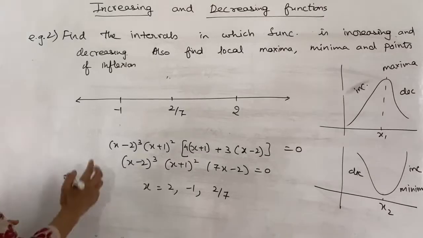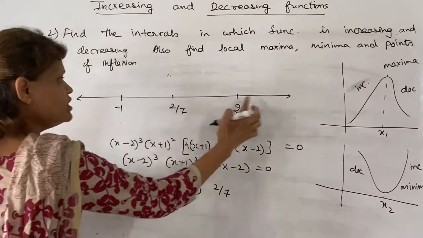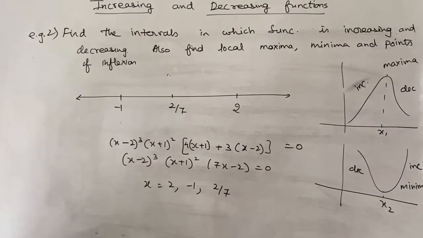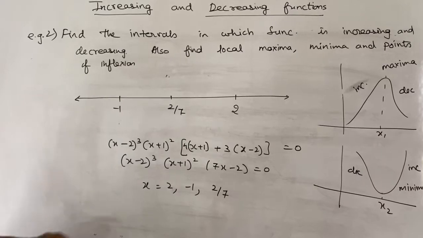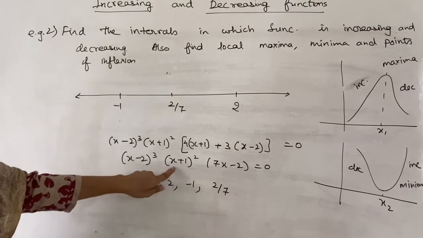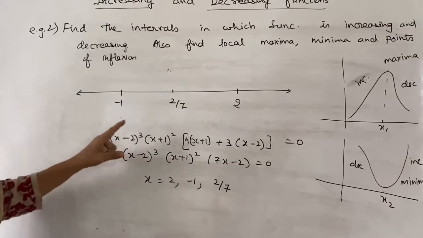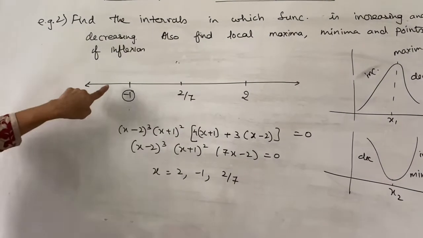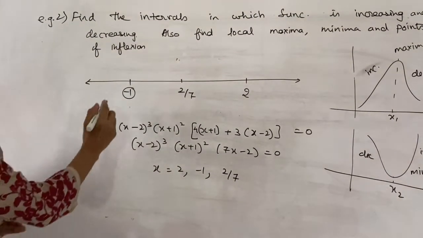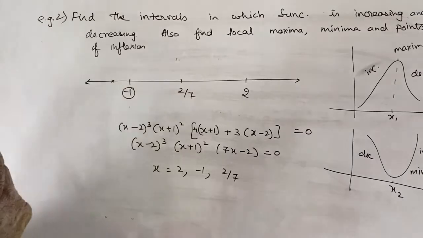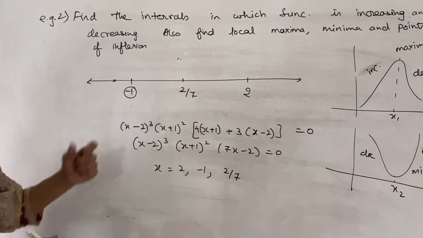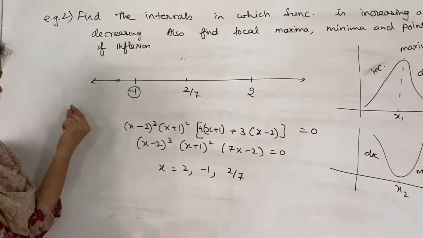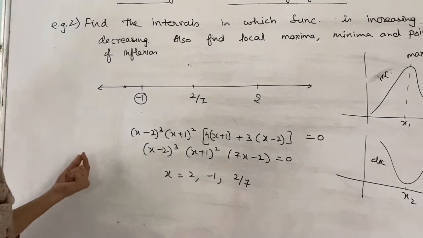Then how many intervals are there? 1, 2, 3 and 4. So there are 4 intervals. Now see here, this point, x plus 1 the whole square, corresponds to this. So anyway, first to the extreme left, as I told you, you have to consider any one point in this interval, in the neighborhood of -1 to the left side. Substitute in f dash of x.